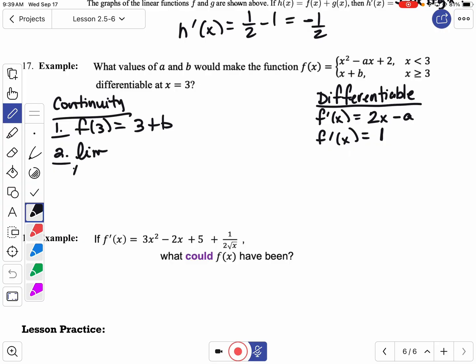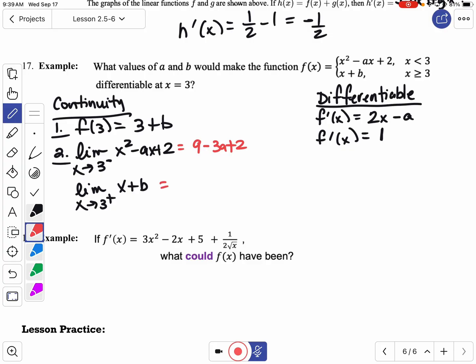So the limit as x approaches 3 from the left of the top piece, x squared minus ax plus 2, is going to have to equal the limit as x approaches 3 from the right of x plus b. So let's evaluate those two limits. We're just going to plug in. So that would give me 9 minus 3a plus 2 and 3 plus b.